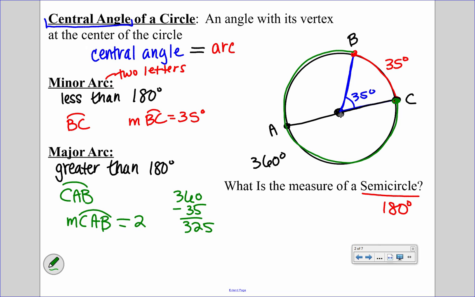So the measurement of this arc is 325 degrees. Okay, so we can use all of these pieces to solve. Now, there's one more thing. With a major arc, we use three letters. Okay, so let's solve now.